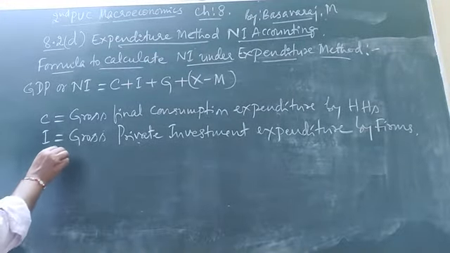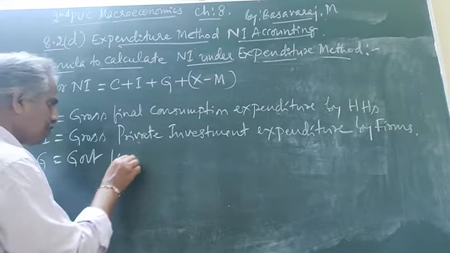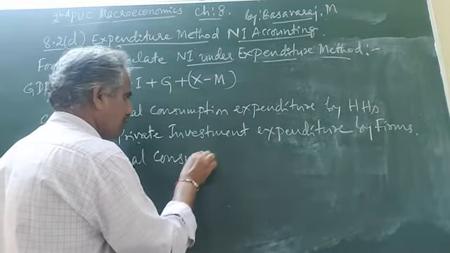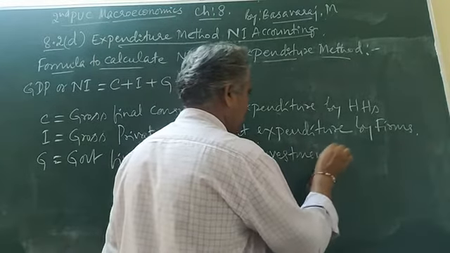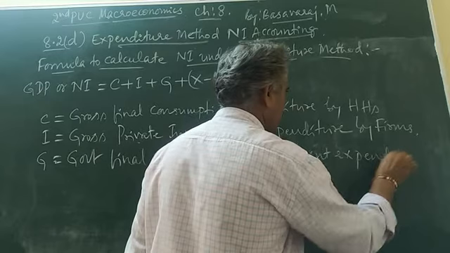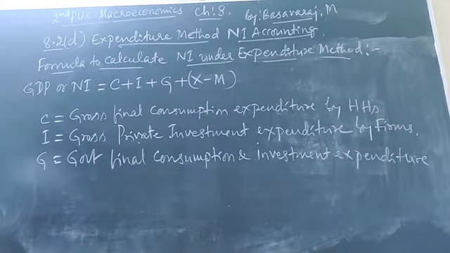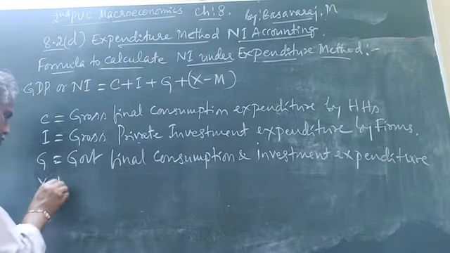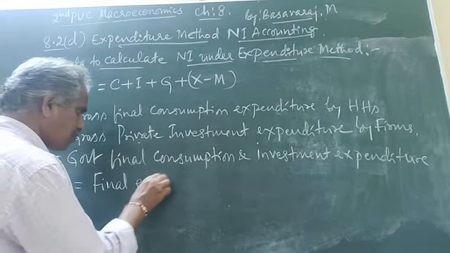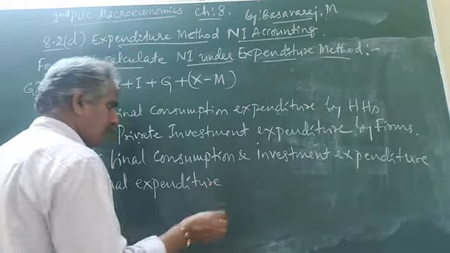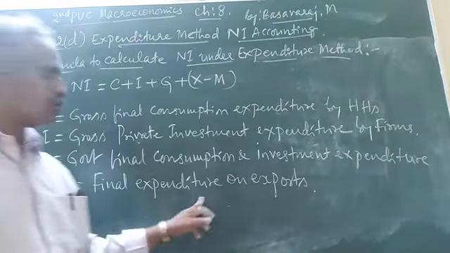Then G is nothing but the government final consumption and investment expenditure, and X minus M is the final expenditure on exports.